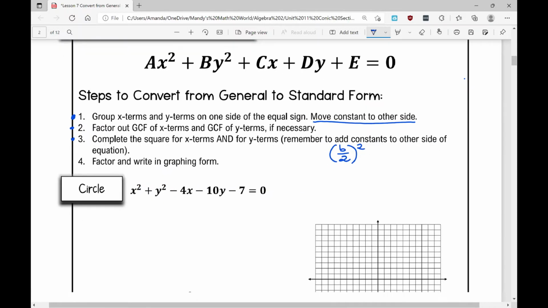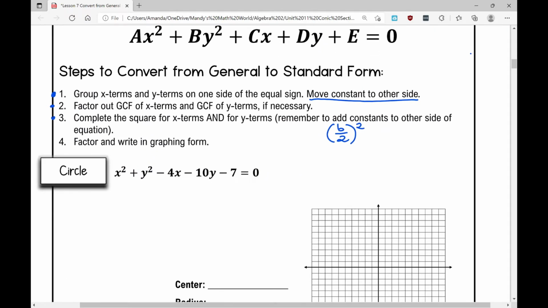So when we look at a circle, here's a circle that's written in general form, and you can identify that this is a circle because my x squared and my y squared terms are on the same side of the equal sign and they have the same coefficients. So just looking at this equation, I can identify this as a circle.